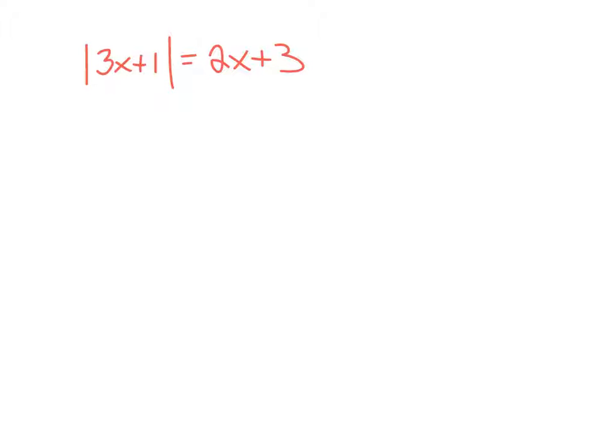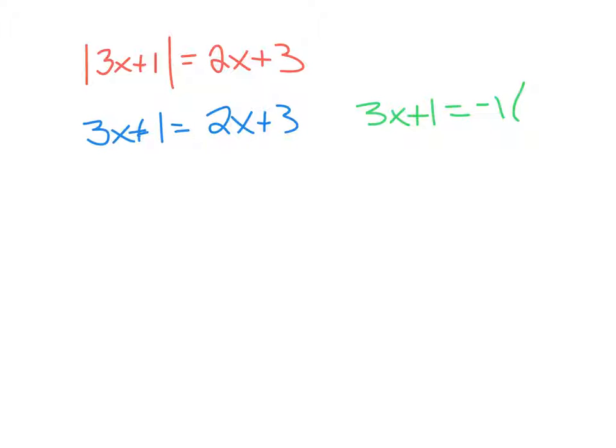And when you're setting up your two equations, remember that the first one is just going to look exactly the same, except we remove the absolute value. And the second equation is going to look almost exactly the same, except we have to multiply everything on this side by -1.